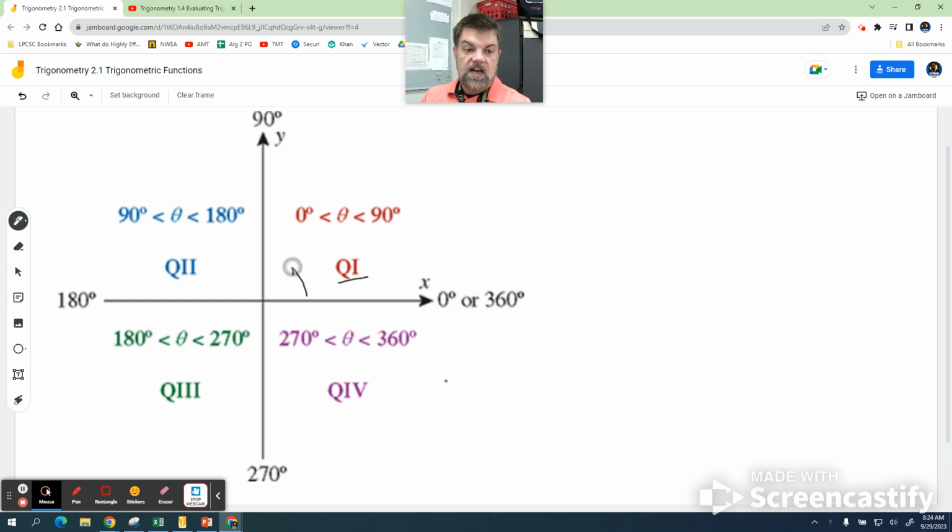In other words, if I draw an angle in here, we always start on the initial side, which is the positive x-axis. For quadrant 1, the measure is going to be 0 to 90 degrees.